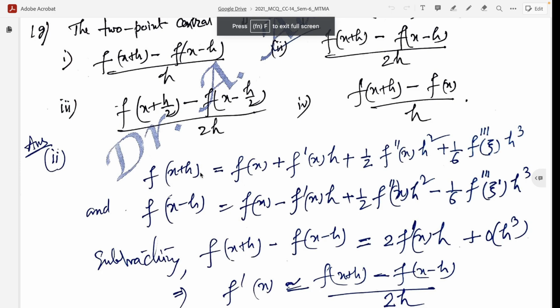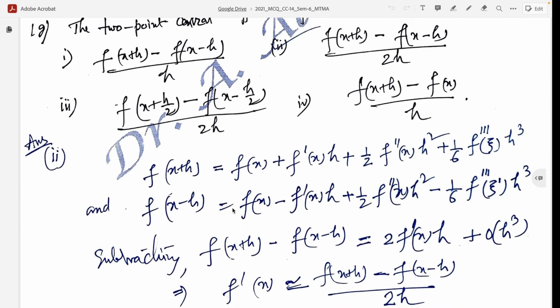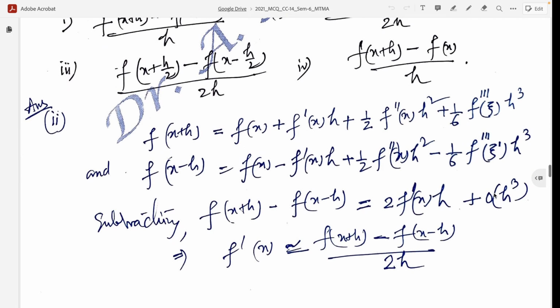Now f of x plus h equals f x plus h into f dash x plus h squared by factorial 2 f double dash x plus h cube by factorial 3 f triple dash xi, which is the Taylor's expansion series. And f of x minus h equals f x minus h f dash x plus h squared by factorial 2 f double dash x minus h cube by factorial 3 f triple dash xi dash, another xi value.